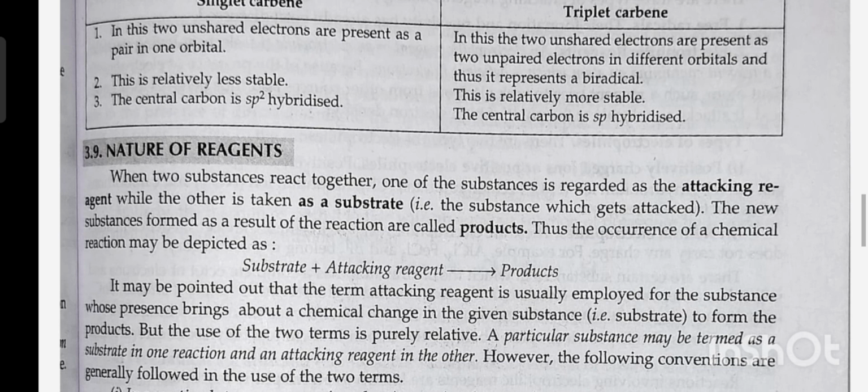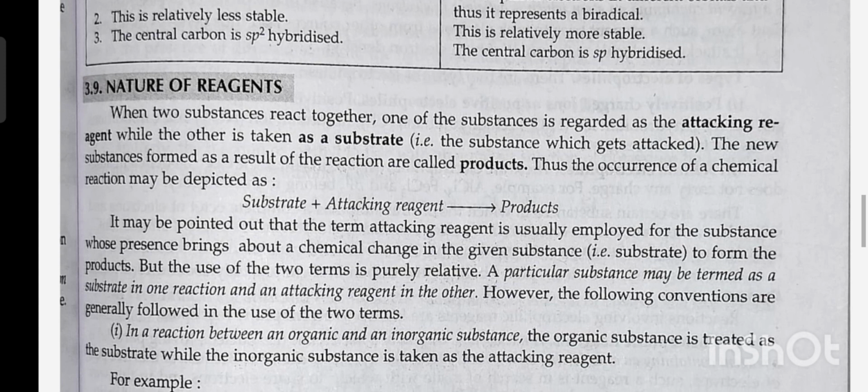Nature of a reagent. When two substances react together, one of the substances is regarded as the attacking reagent while the other is the substrate. The substance which gets attacked is the substrate. The new substance formed as a result of a reaction is called the product. The occurrence of a chemical reaction may be depicted as substrate plus attacking reagent converted into product.